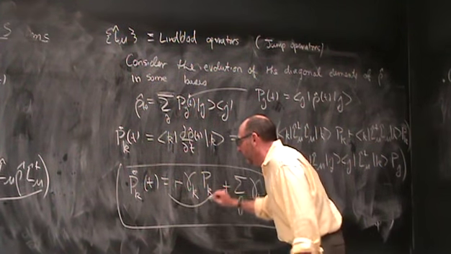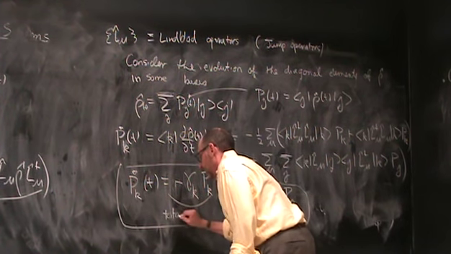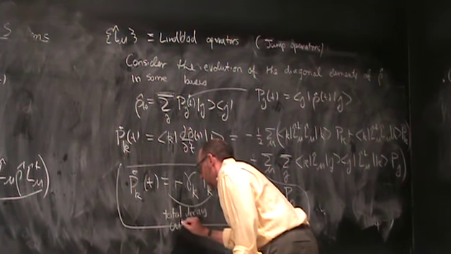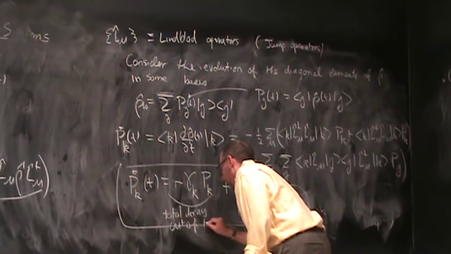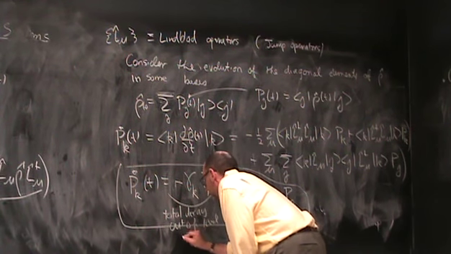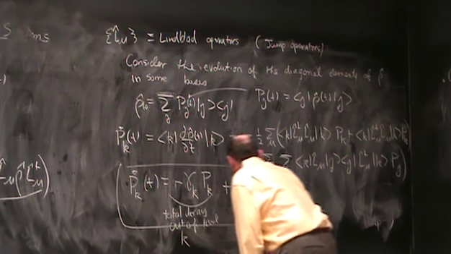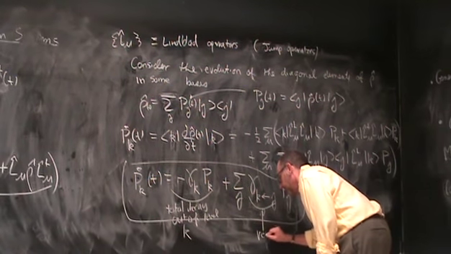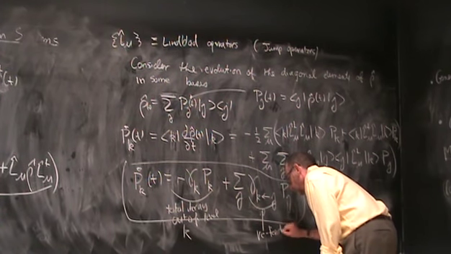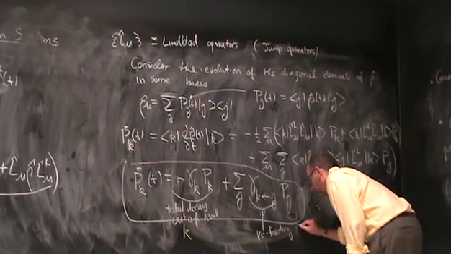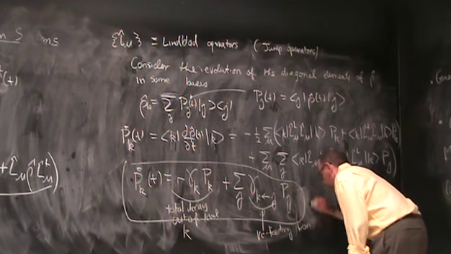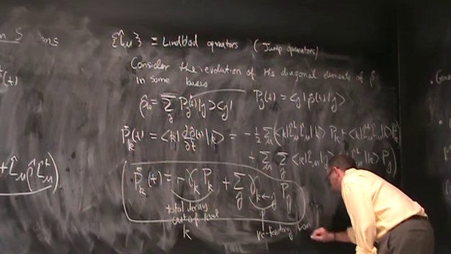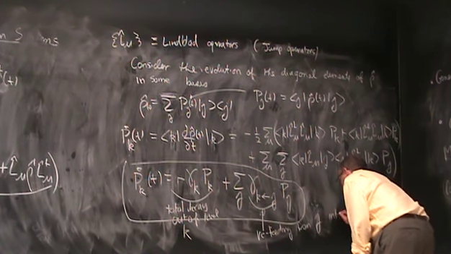Obviously, this is the total decay out of level K. And these are the refeeding from J into K.